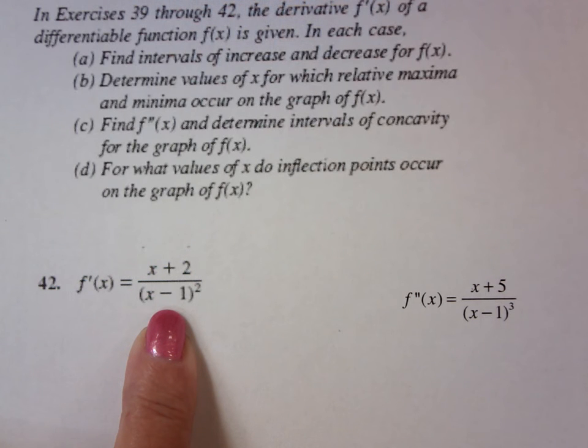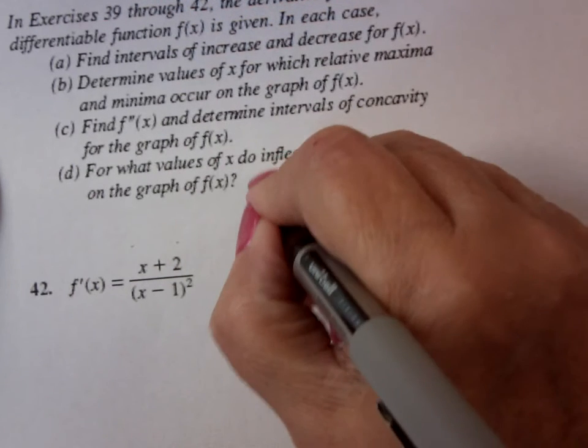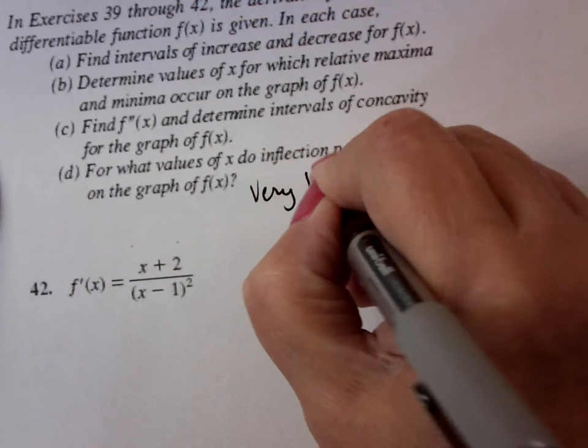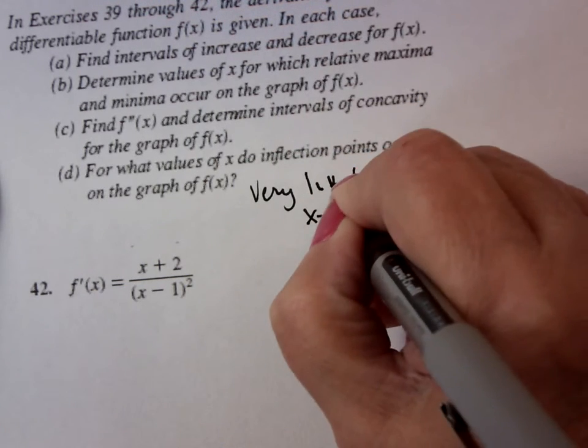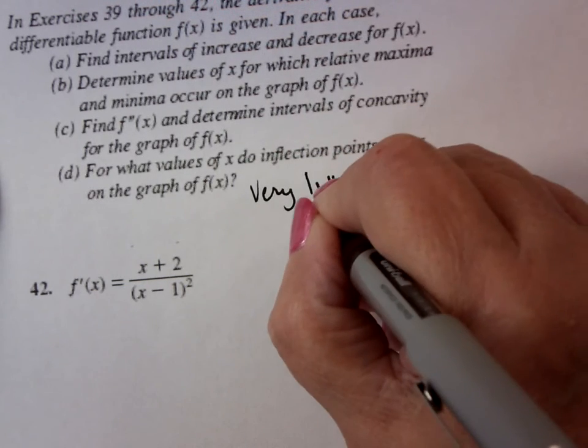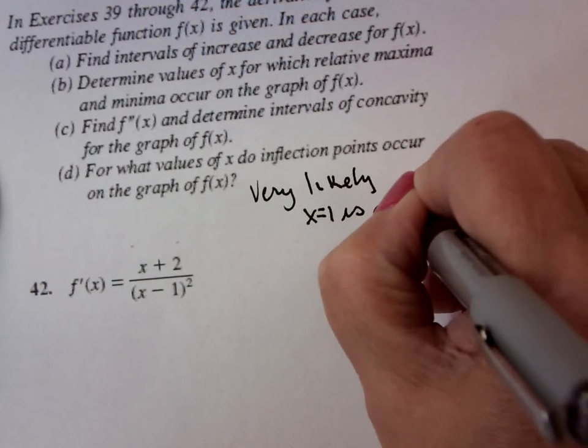An x minus 1 squared. It is very likely that x equal 1 is a VA.